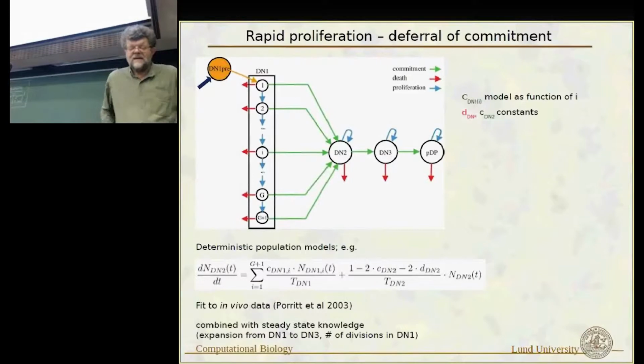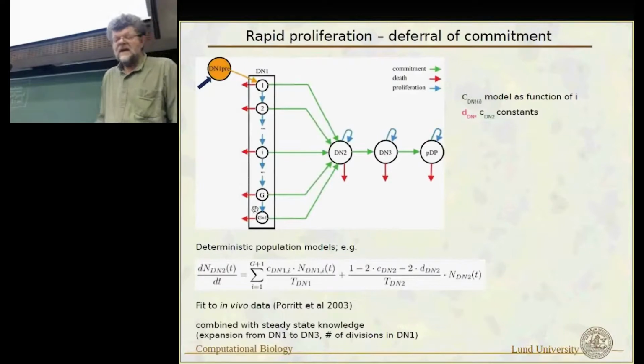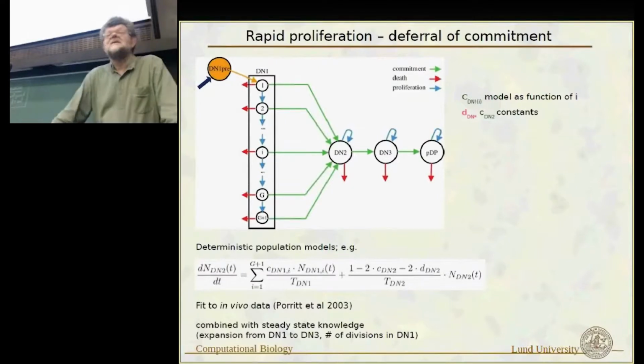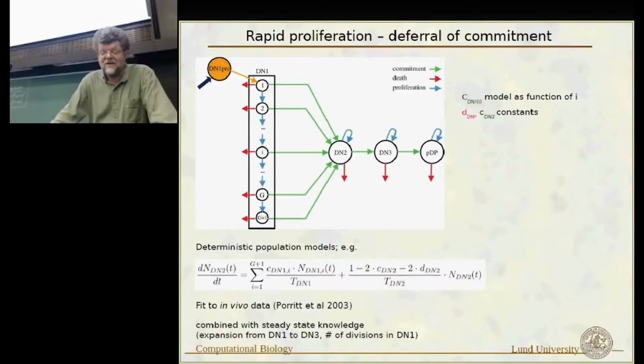Now, there are different options here. So I have my DN1 pre coming in, and this is my DN1 compartment. And you see I have partitioned the compartment into some subcompartments, which we don't really know about, and there are no surface markers.